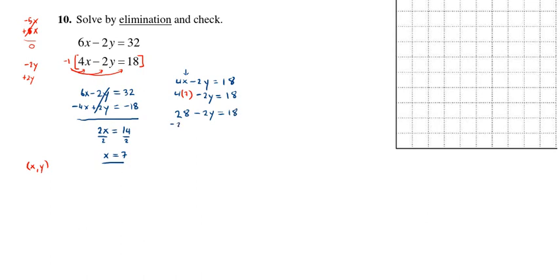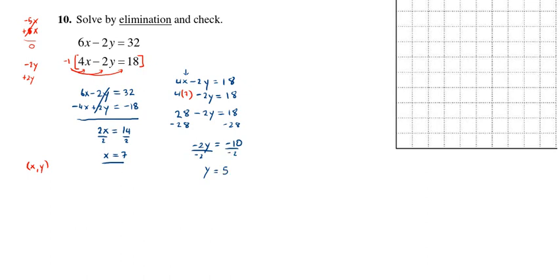We need to subtract 28 on both sides, and that will leave us with negative 2y is equal to negative 10. Positive 18 minus positive 28, that is negative 10. And finally, we divide by negative 2. So this would be y is equal to positive 5 because negative divided by another negative gives us positive.